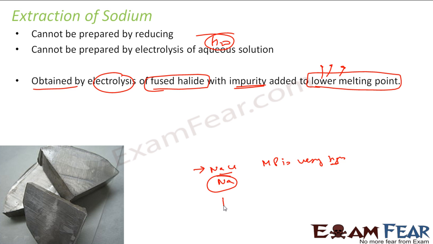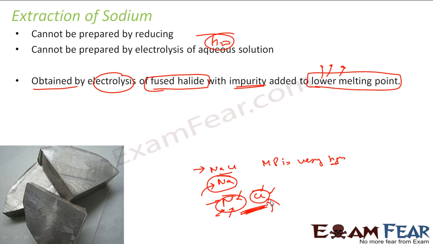Third, if you are using both sodium and chlorine here, they have a huge corrosive action on the vessel which we are using for electrolysis. So if the temperature is very high, they themselves become dangerous, right? So you want to cool them down, because since the melting point is very high, if we increase the temperature, sodium is volatile and they are very reactive.